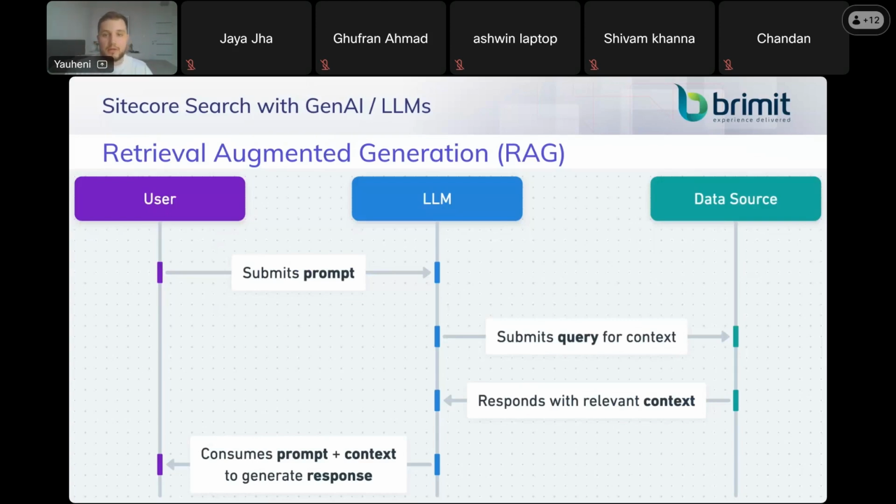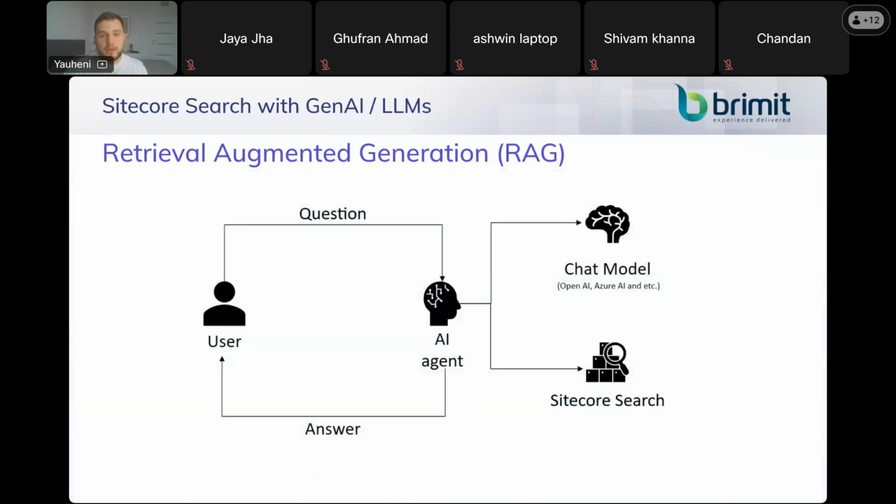In our case, the data source is the Sitecore Search index with information about our website products. On this slide, you can see a simple diagram of an AI chat assistant using RAG. This assistant can answer user questions and search for products in Sitecore Search.